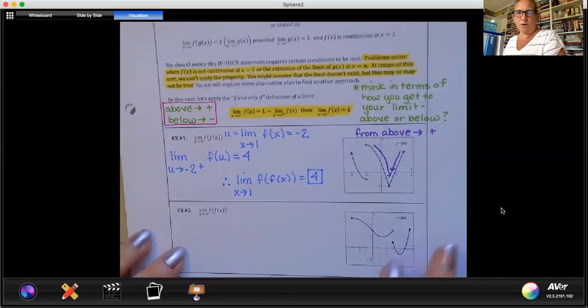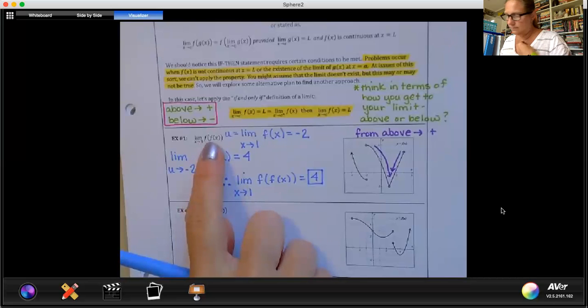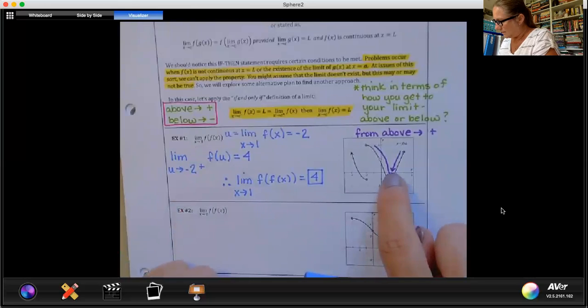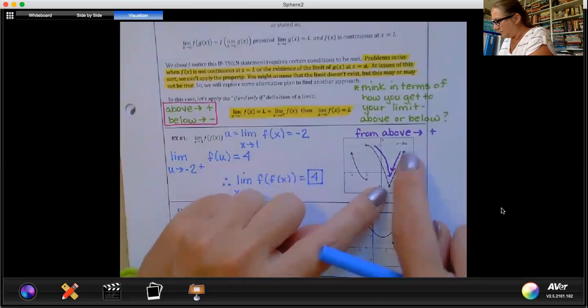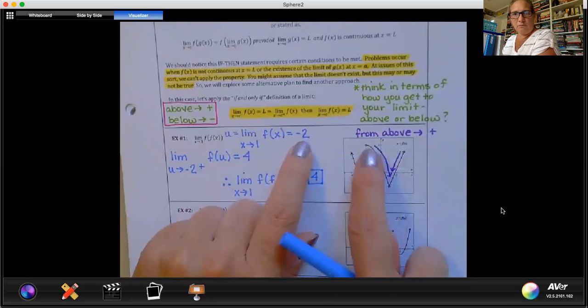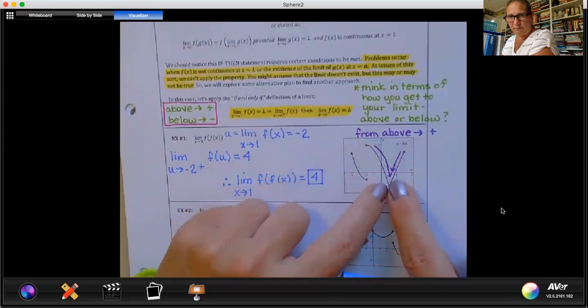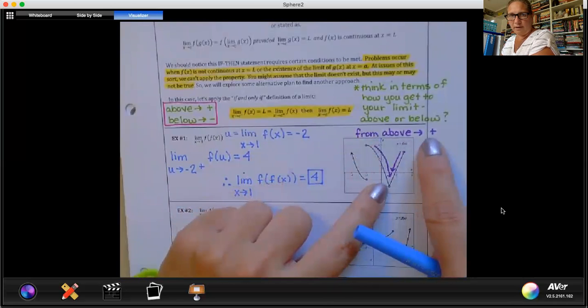So again, walking you through example 1. Composition. As x approaches 1, what is the limit? As x approaches 1 from the left and from the right, the value is -2. They both come from above, which indicates from the right.